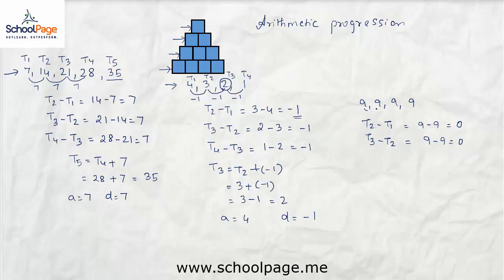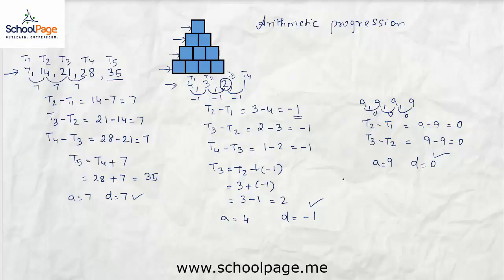Since the common difference between the terms is equal to 0, we can say that this list of numbers is an arithmetic progression. Here D is equal to 0 and A is equal to 9. Hence we have seen that D can be 0, D can be negative, or D can be positive.